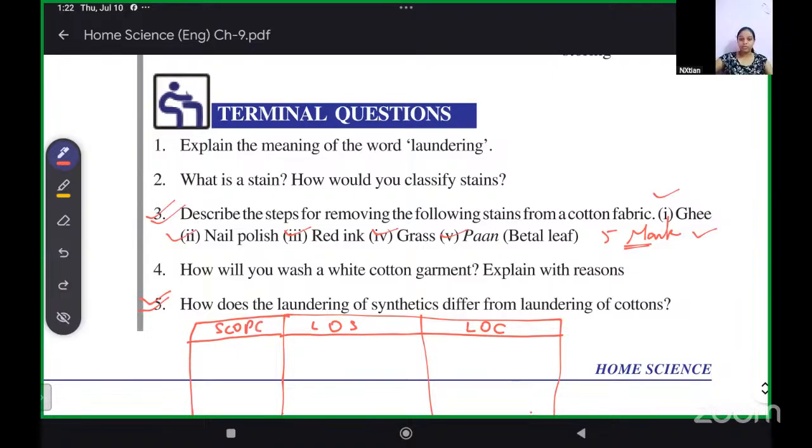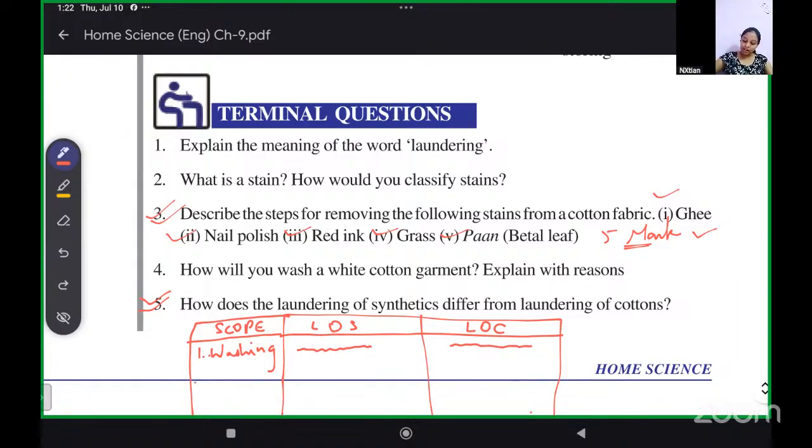What is scope? Suppose I am writing down the washing process. So in scope I'll put one and write washing. Then in laundering of synthetics, I'm going to write how do I wash synthetics, and in laundering of cotton, how do I wash cotton.